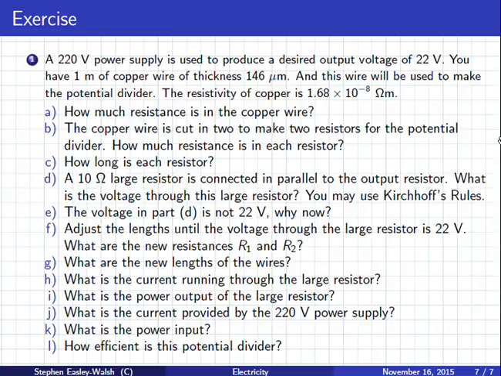What is it? Oh, sorry, my bad. I wrote the wrong number here. 0.1. Okay, try again. 21.6 volts. So you see, it's nearly 22.